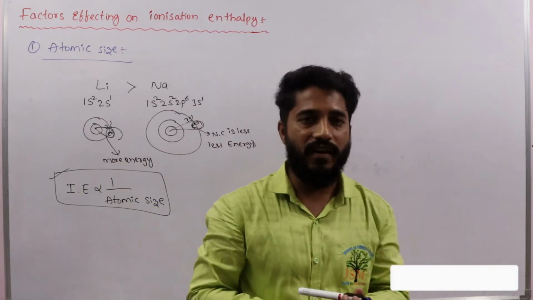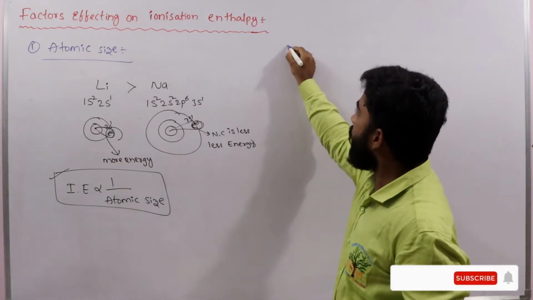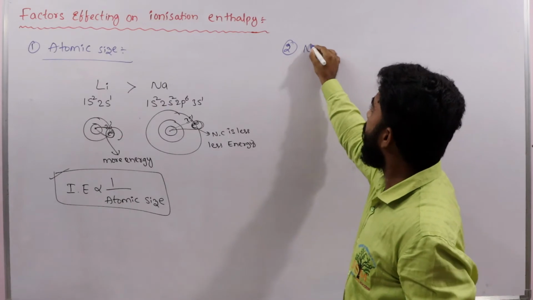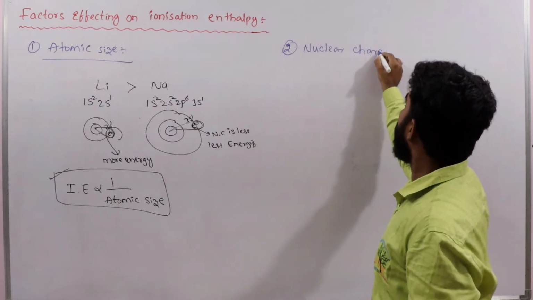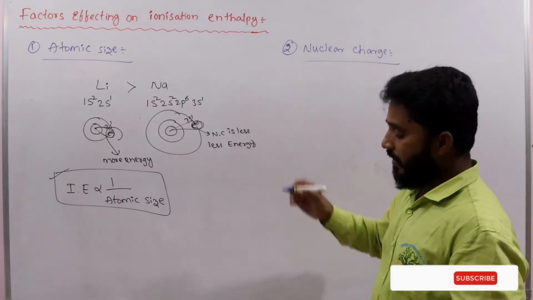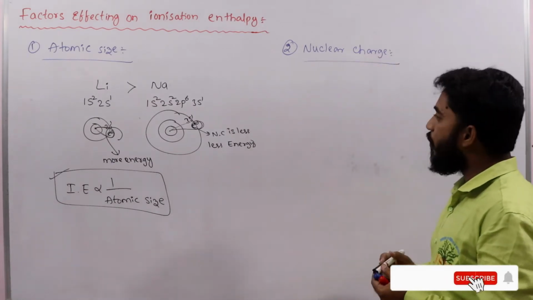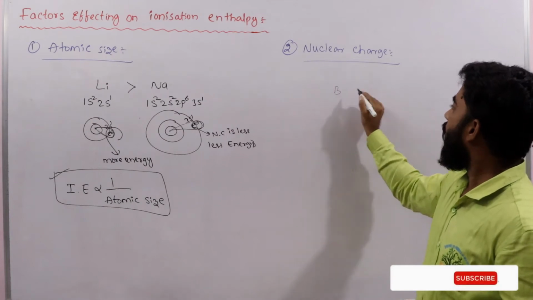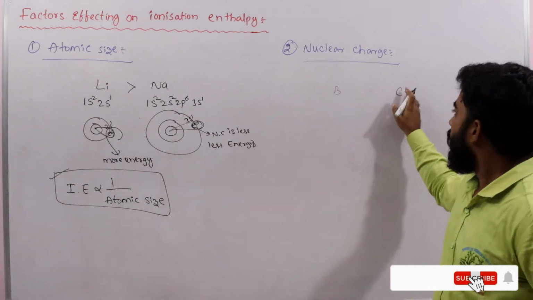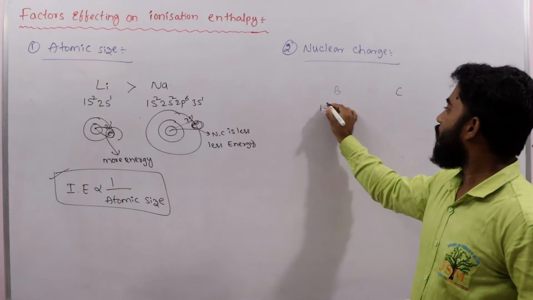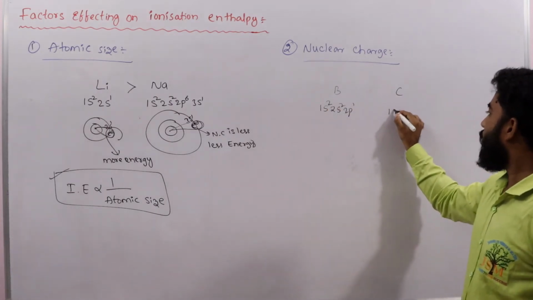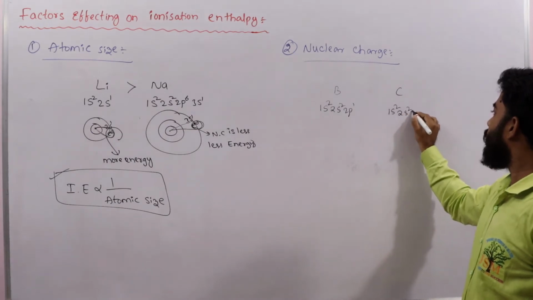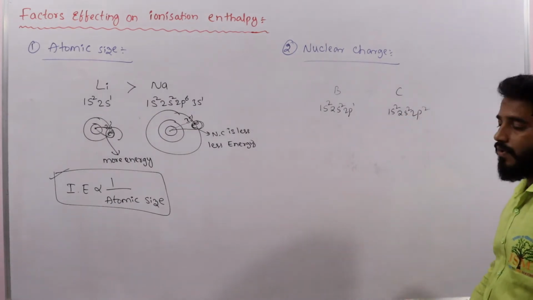Let us see the second factor, that is nuclear charge. For example, take boron and carbon. Boron electronic configuration is 1s2, 2s2, 2p1. Carbon is 1s2, 2s2, 2p2.